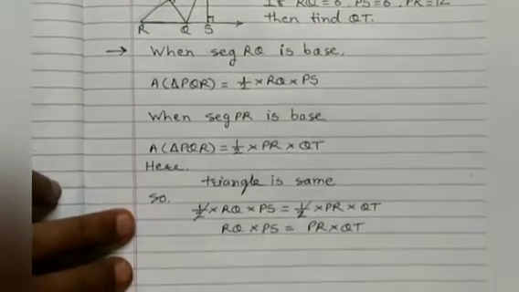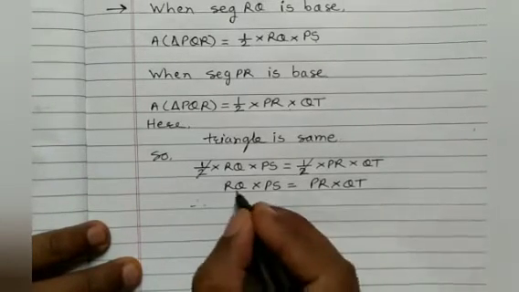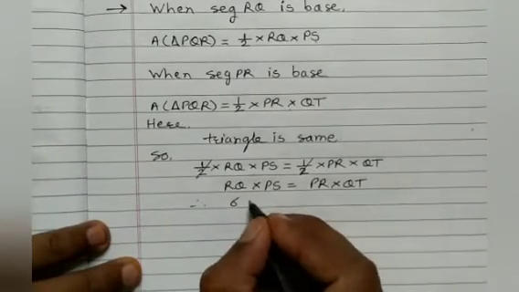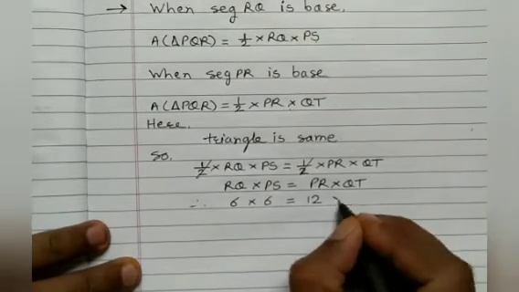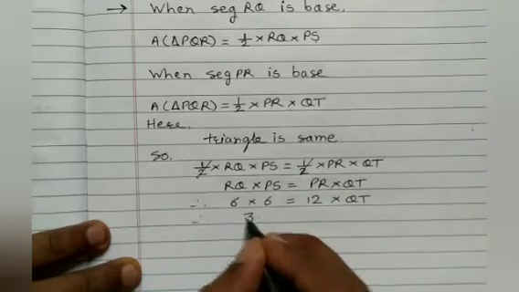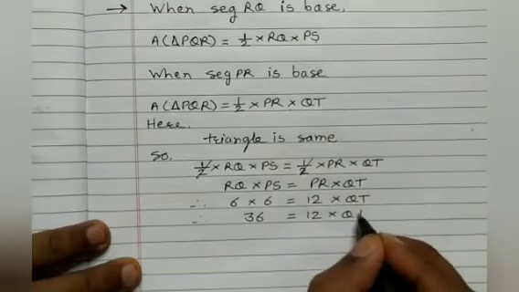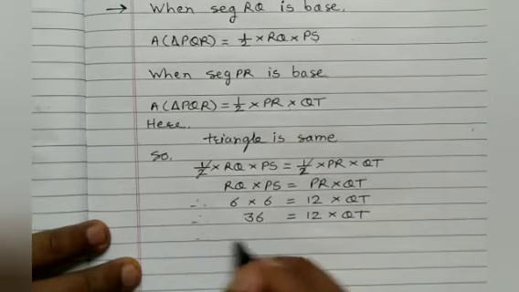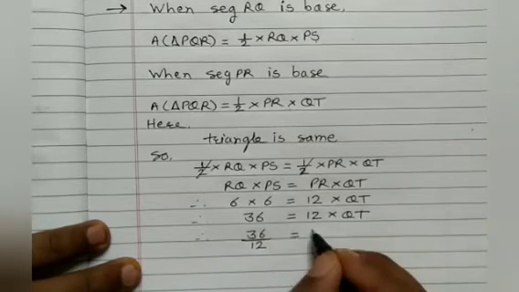Now substitute the values which are given in your question. RQ is 6, PS is also 6, PR is 12, QT we don't know. 6 sixes are 36 is equal to 12 into QT. Now 12 comes to the left hand side in division form.